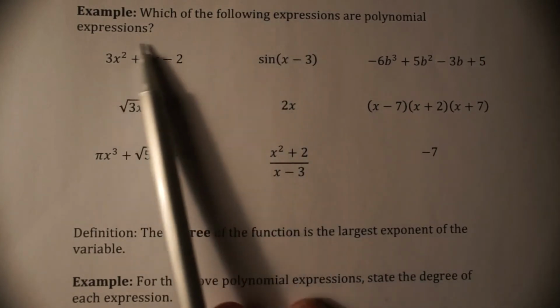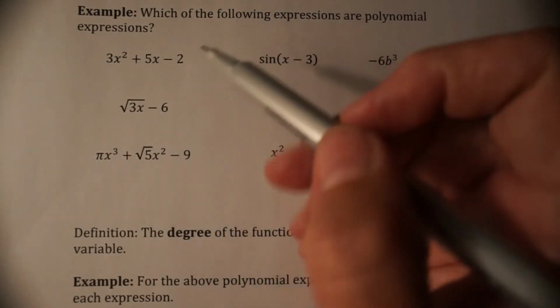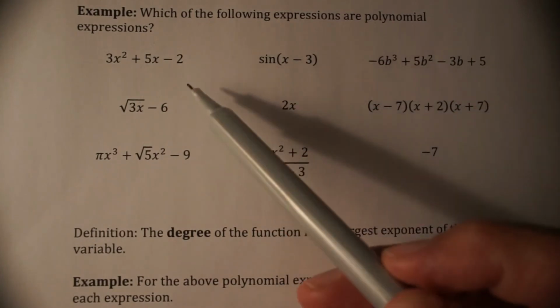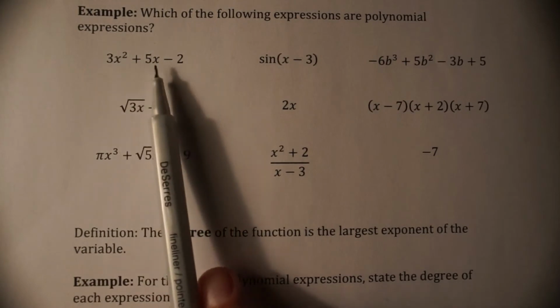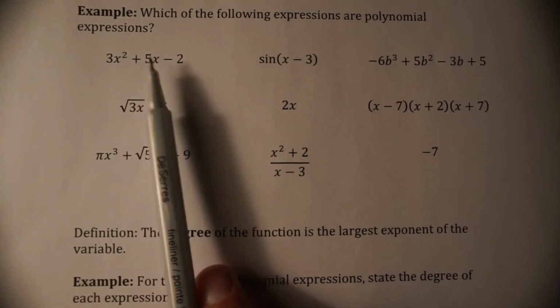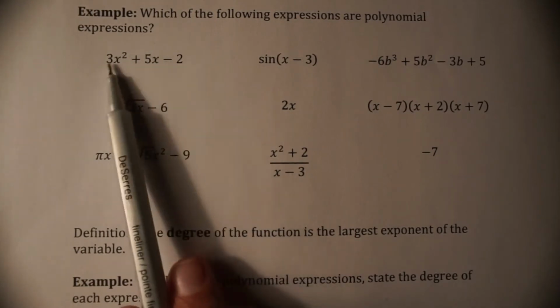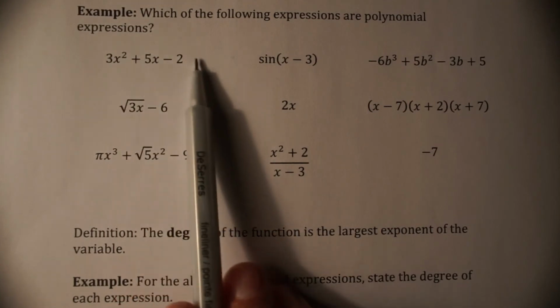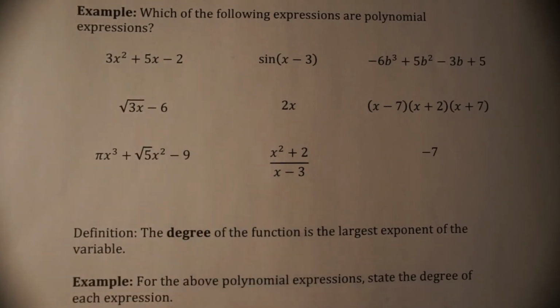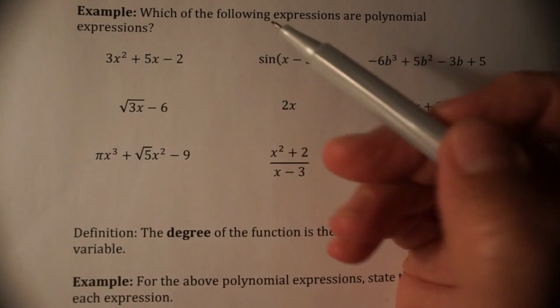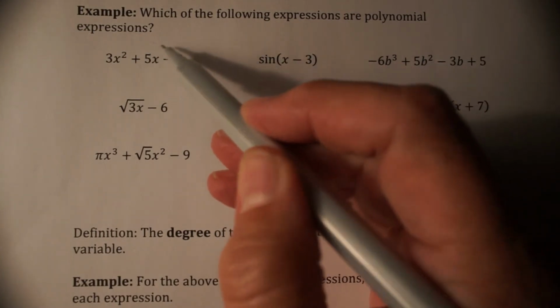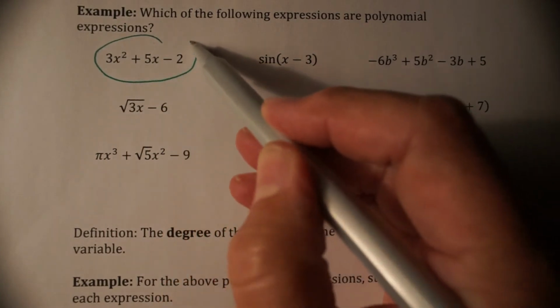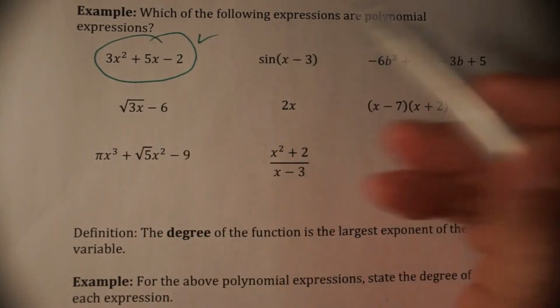So I'm looking at this first one. First of all, you might recognize it as a quadratic, but a quadratic is just a type of polynomial, because you notice all of our exponents are just whole numbers. There's no negatives or fractions or anything weird, and the numbers in front, the 5, the 3, and the 2, are all real numbers. So this one here, I'm going to circle, is a polynomial.